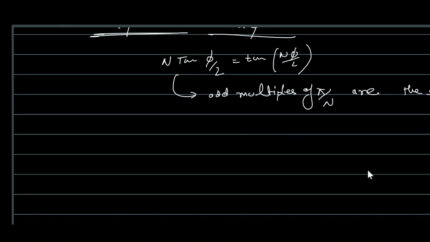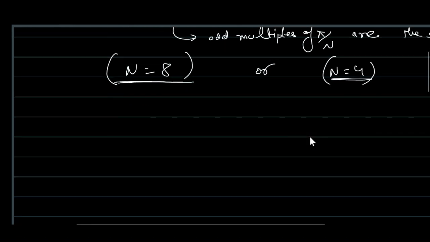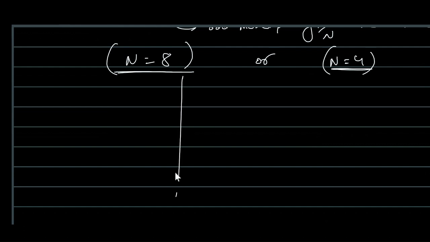To understand this better, let's take the case of n equals 8. Or for further simplification we can take n equal to 4. Plotting n equal to 4, how will the graph look? At x equals 0, I have already proved that there will be a maximum, I max equals n square I naught, which I just derived.